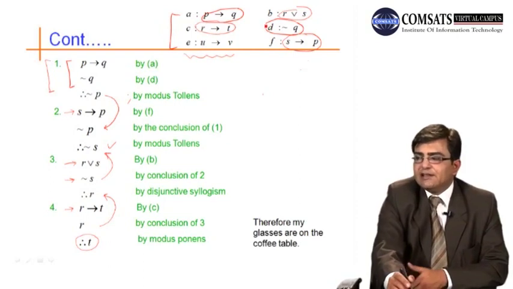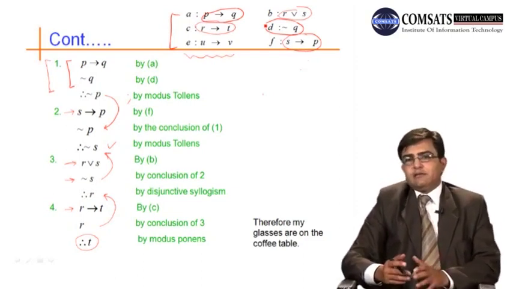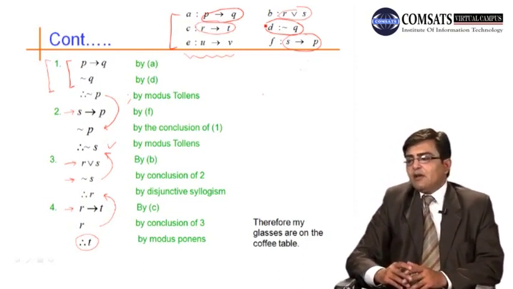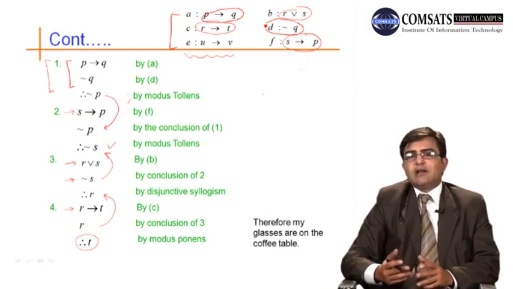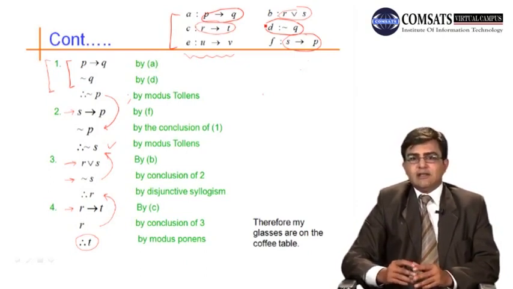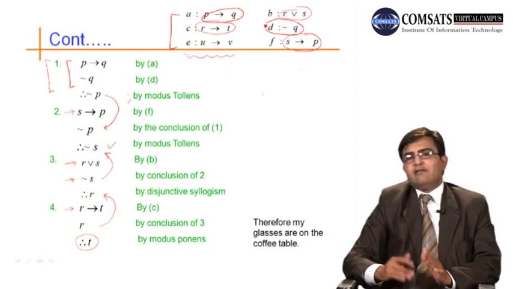So this is basically a redundant premise, you can say. Sometimes arguments or valid arguments have some premises that do not help us in drawing conclusions. So we just leave such premises which have no connection with other premises.